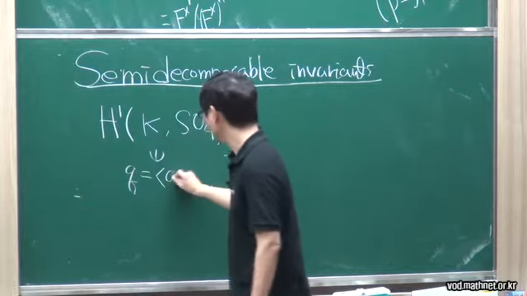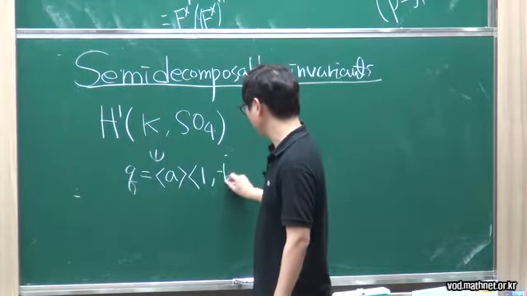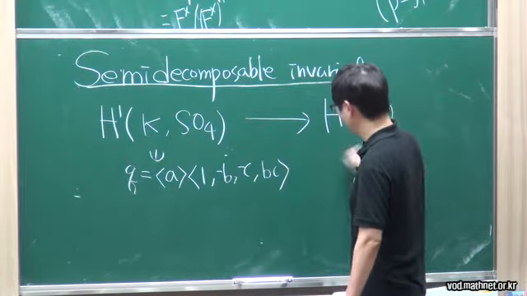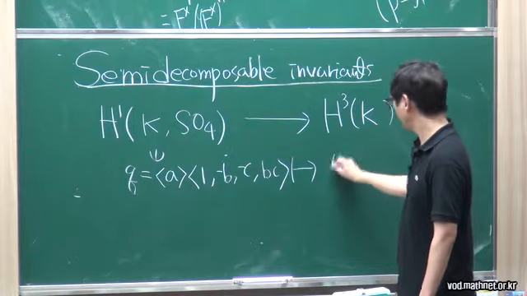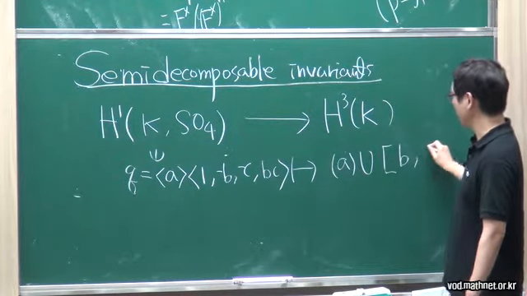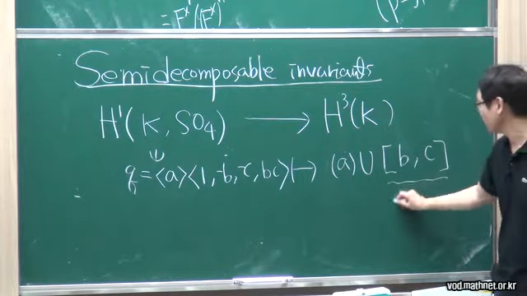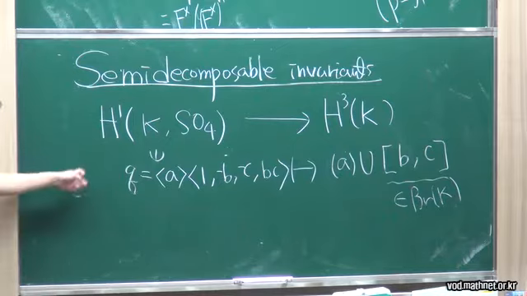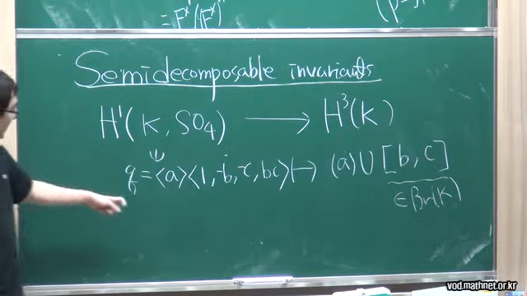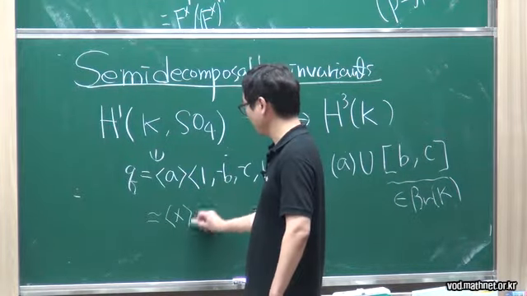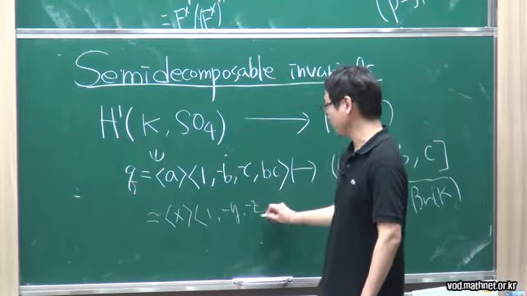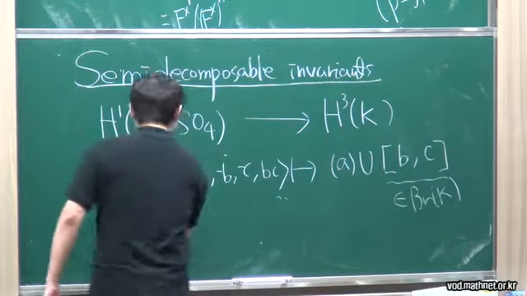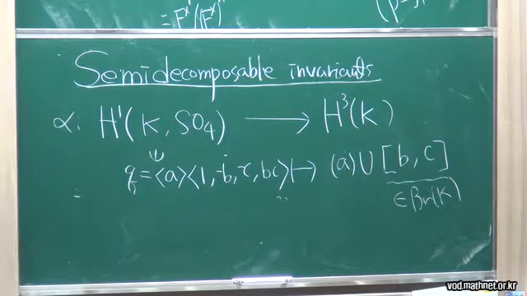So we can rewrite this in diagonal form, and we map it to H3, to A product with the quaternion algebra, the class of quaternion algebra in Brauer group, generated by B and C. And of course, one needs to show this invariance is well defined, which means once we have another quadratic form which is isomorphic to this form, then the image should be the same. But it can be shown.